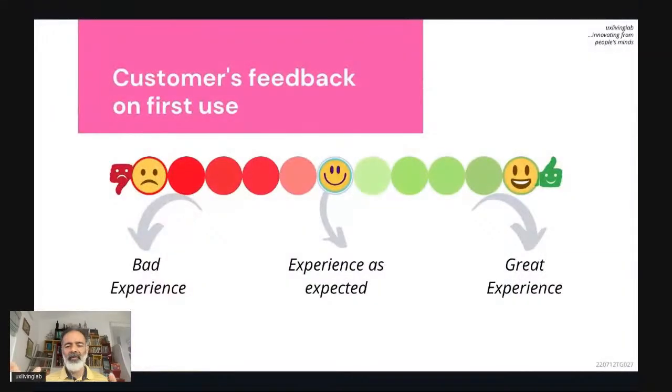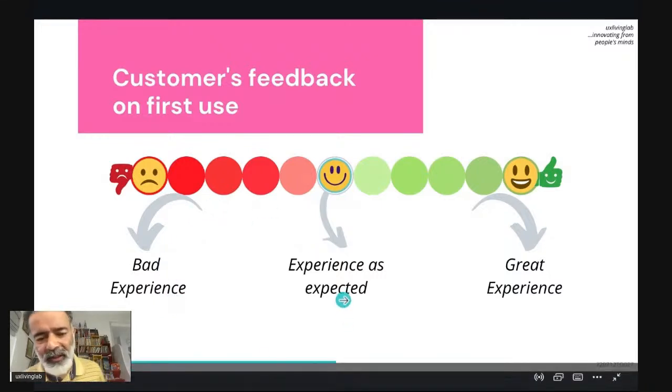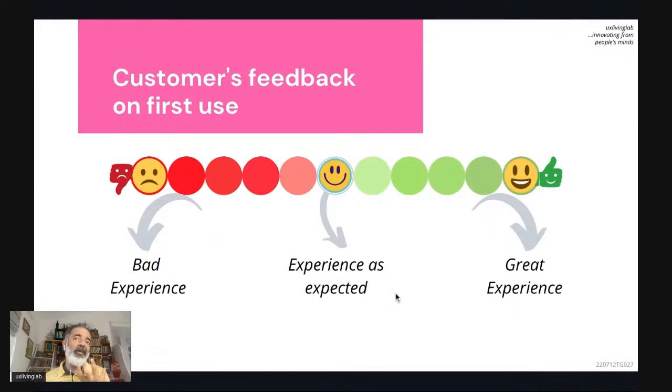So we'll explain one by one. Customer feedback on first use, you can take from any scales. These different scales you can use: it's a bad experience, experience as expected, and great experience. Because the customer is having a perception about the stage, or he visualized the stage after he owned that product, especially cars or some other products also.